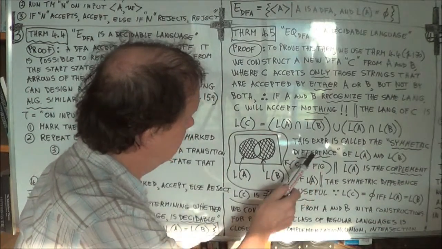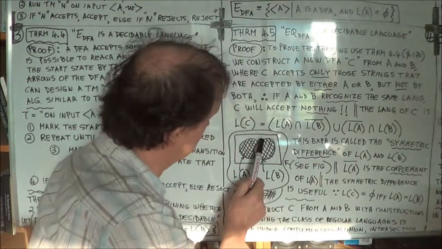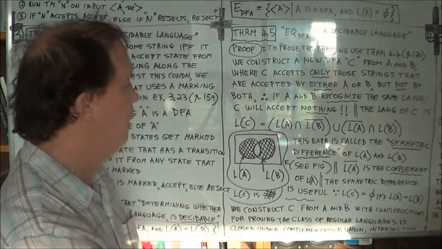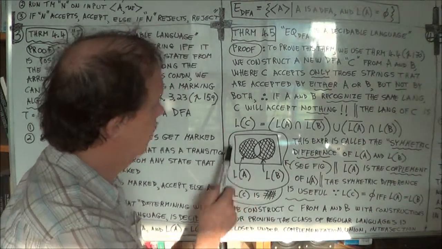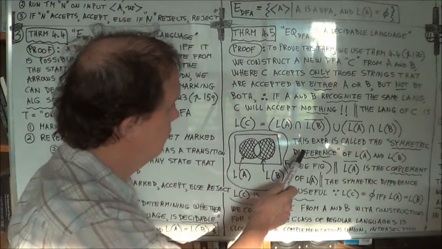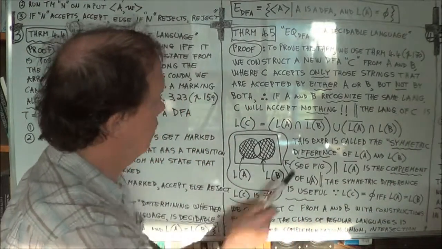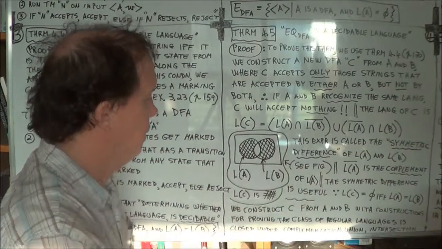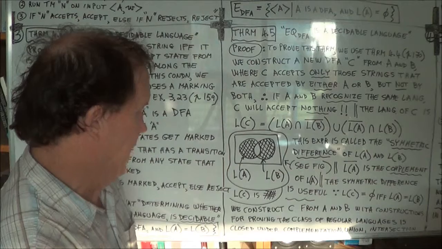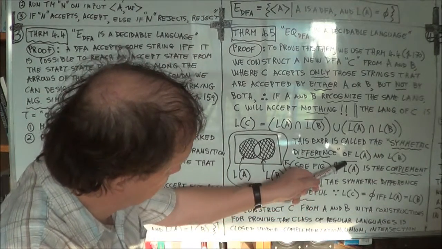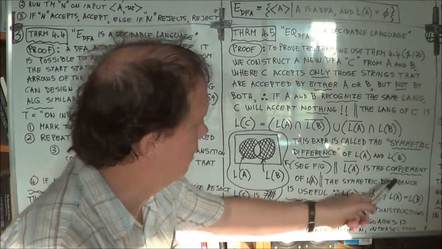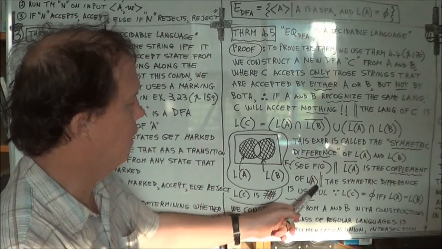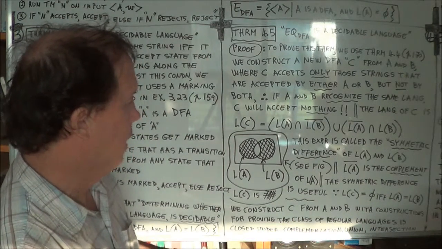And we're talking about the union, and this corresponds to this region here. So this is a Venn diagram representation of the symmetric difference of these two sets, LA and LB. Now LA with a bar over it, that's the complement of the set LA.